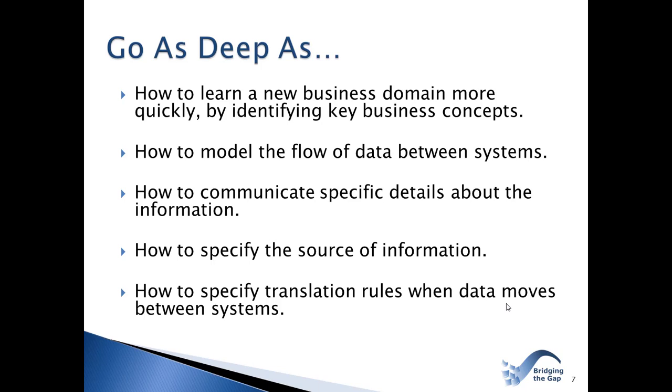And finally, you'll go as deep as how to specify translation rules when data does move between systems, such as although pricing information comes from an external source, say in UK pounds, it needs to be translated to US dollars, and that the currency translation process needs to meet specific requirements, all important things to the business, right?